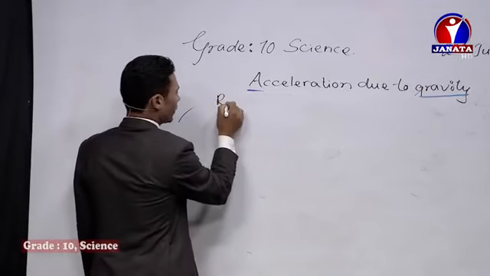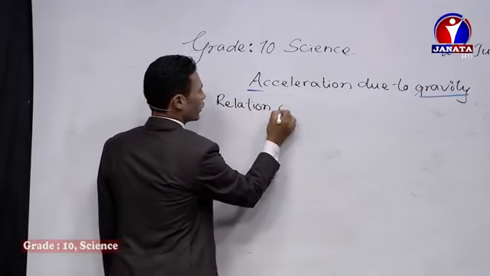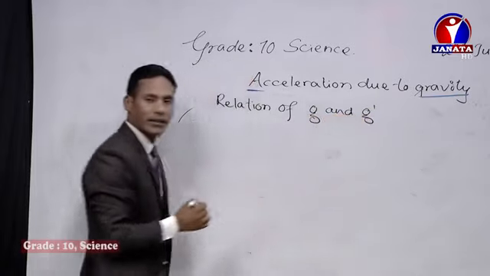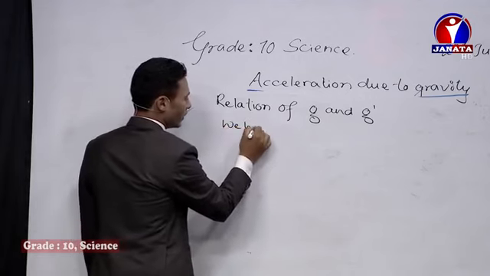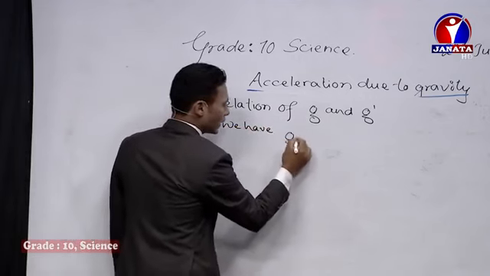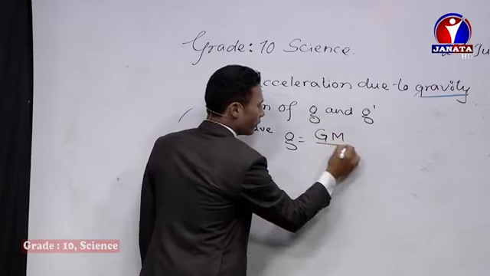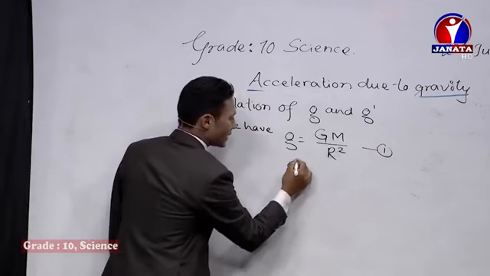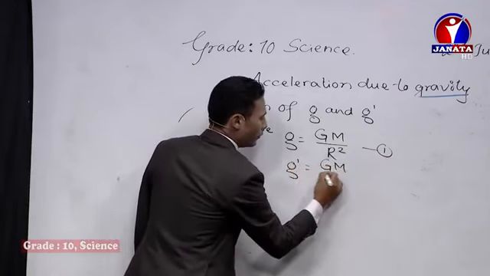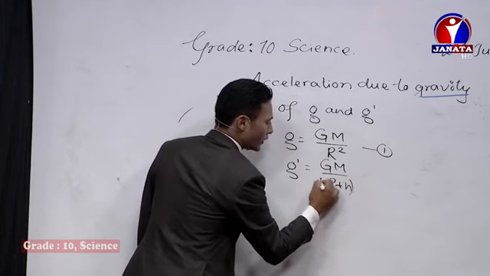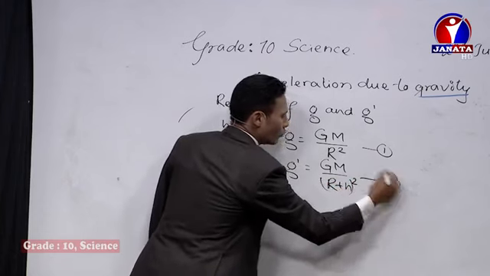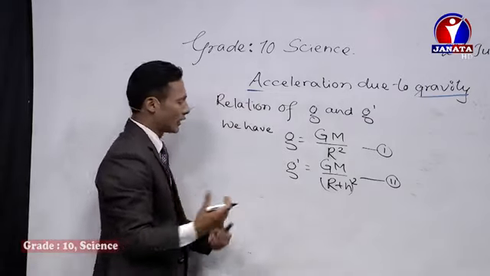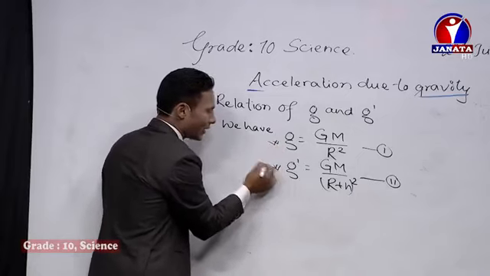Relation of g and g dash. We have g equals GM by r square, this is equation 1, and g dash equals GM by r plus h to the whole square. These are the two formulas that we derived previously. Now we are going to calculate the relation of this g and g dash.